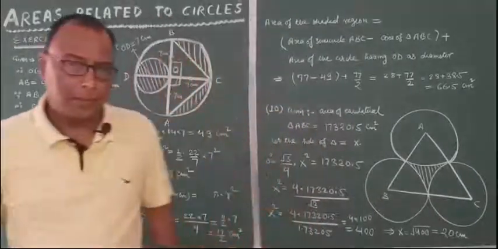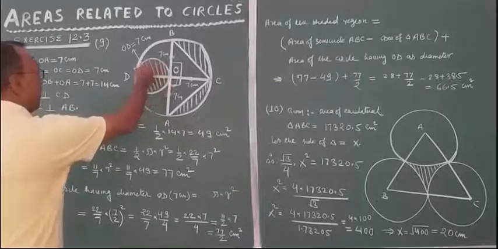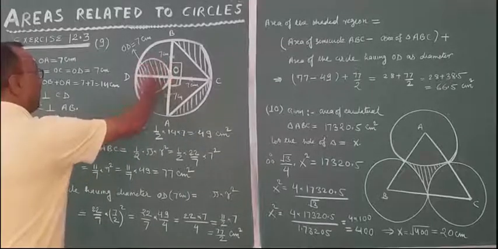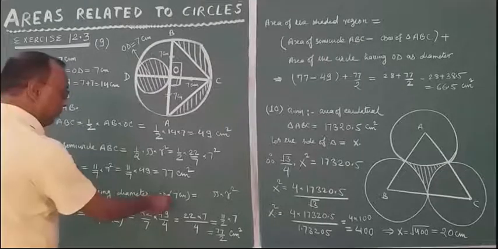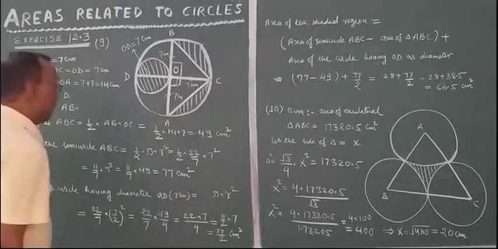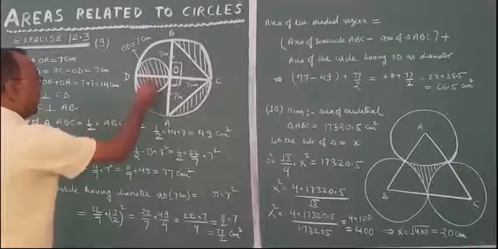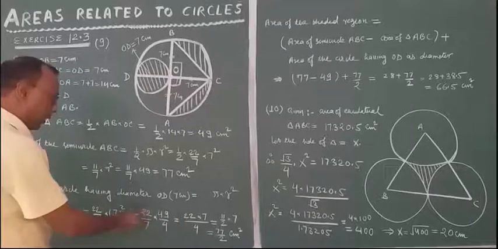Now the next thing, area of the circle whose diameter is OD. Area of the circle having diameter OD, which is 7 centimeter, will be pi r square. If the diameter is 7 centimeter, then its radius will be 7 upon 2 centimeter.